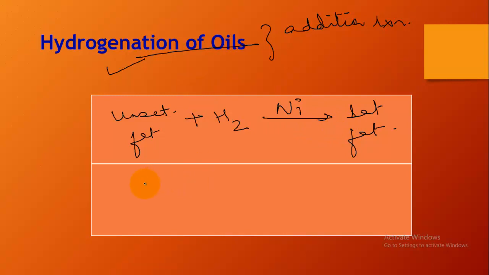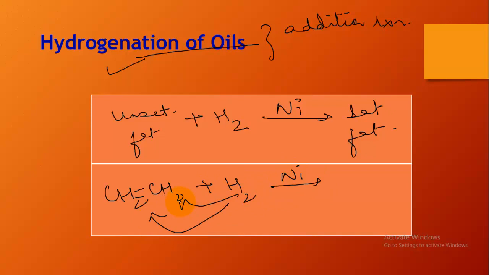So let us take an example. Let's say we have ethene, an unsaturated compound. We are adding hydrogen in the presence of nickel. The hydrogen gets added because of the addition reaction, or you can say because of the extra bond present. So it will transform into ethane, which is saturated. So this is hydrogenation of oil, that is, converting unsaturated fat oils into saturated fat oils.